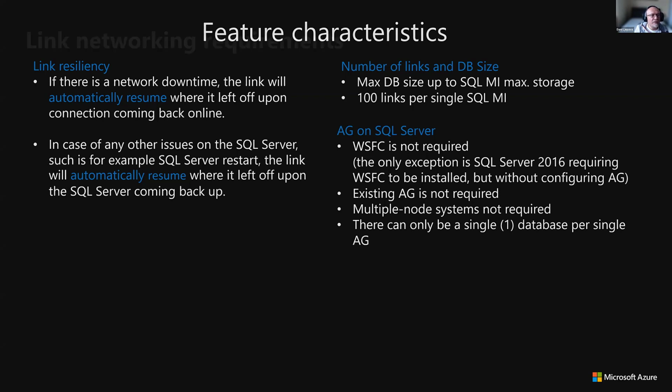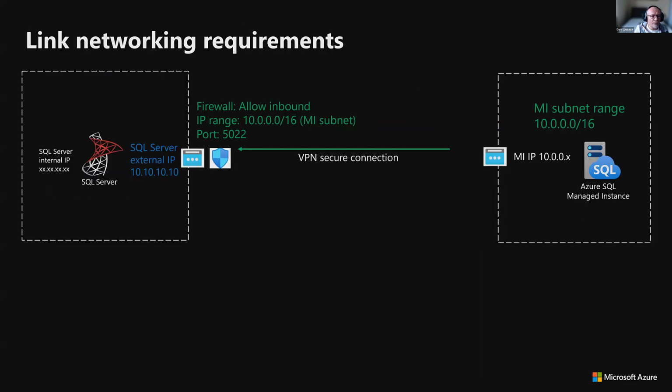There are some networking requirements to get this working. There are some ports that need to be opened. So 5022 is a port that needs to be opened up between your SQL Server and managed instance. The SQL Server can, of course, be hosted on premises in your environment, and you would have a VPN link with the managed instance. Or you could host it also in a VM. So the 5022 is the DB mirroring endpoint and needs to be bidirectionally available between managed instance and SQL Server, wherever it is hosted.